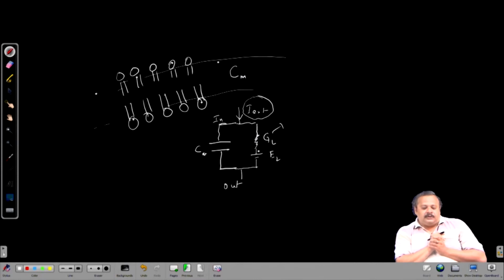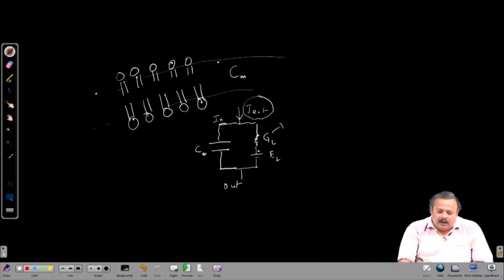In the real scenario, if you give it a thought for a minute, you will realize that this is going to be the current injected by the synapses. So the synaptic current in this model is being replaced by this I external, which by patching we are controlling.